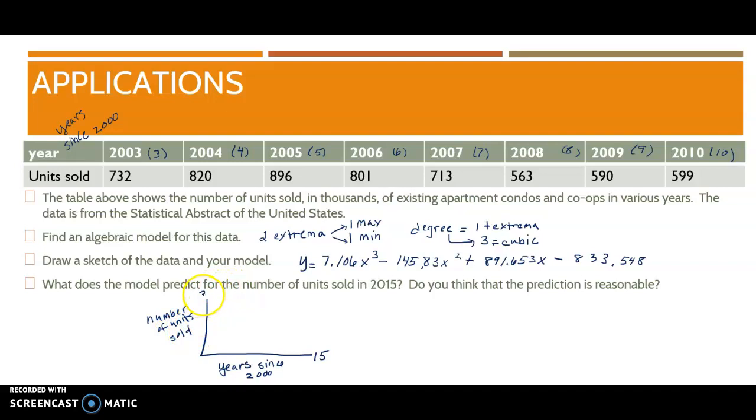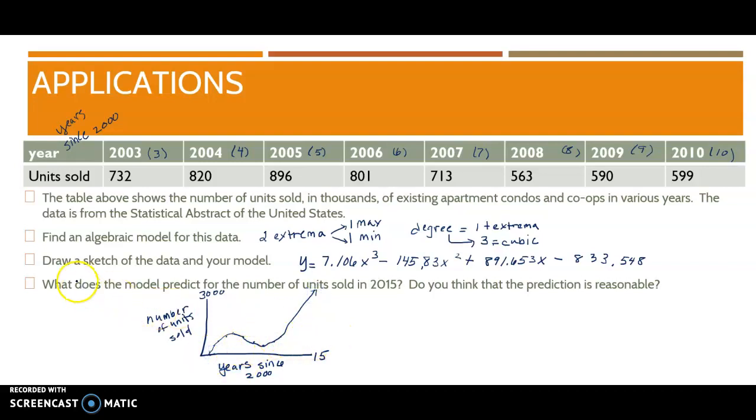And we went up to 3,000. So our data was down here, and we had a maximum. And then it came down, and we had a minimum, and it came back up. So those dots are approximately how our data looked. And then we graphed our model, and our model did a really good job of coming through these. And then it really went up fast, so like that.